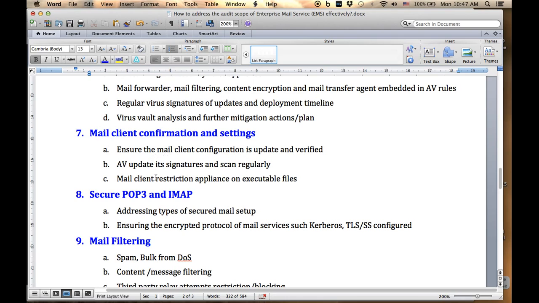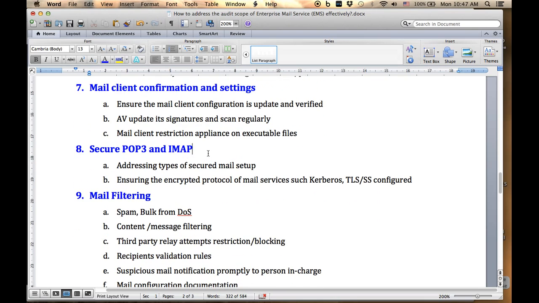So the next is mail client restriction on executable files. It means the file can be executed after the client clicks on the attachment or on the hypertext link, so the malicious code can be executed and installed silently on the affected PC or computer. That is what is involved with the mail client configuration and setup.